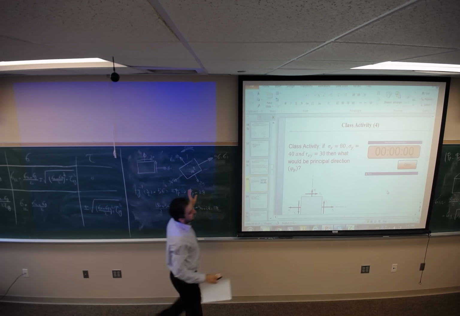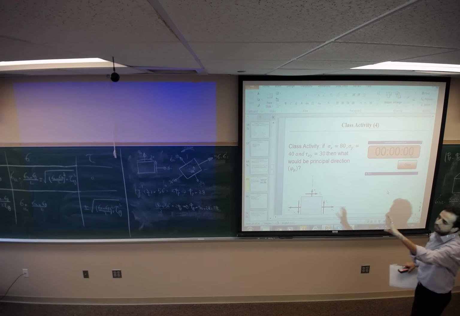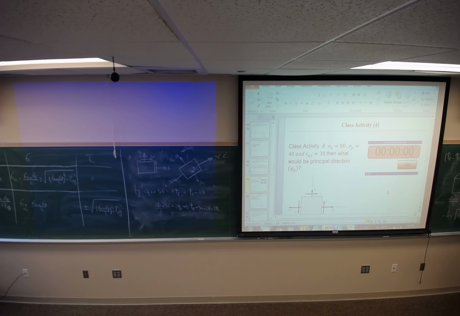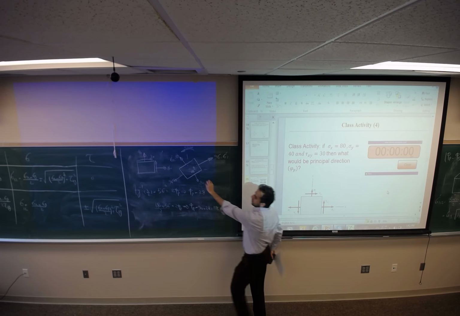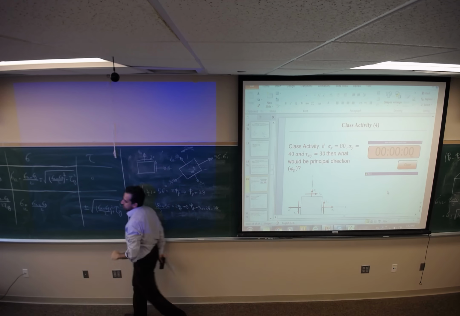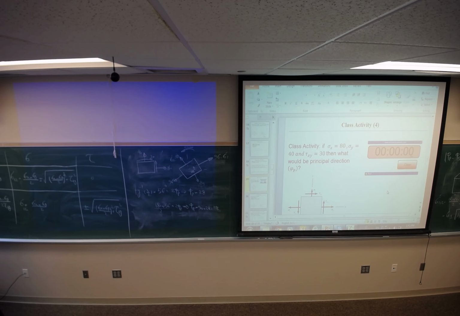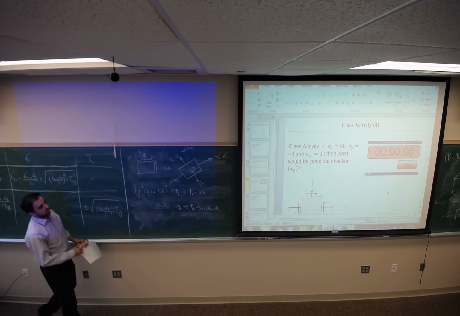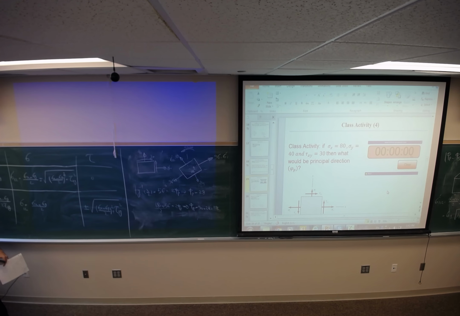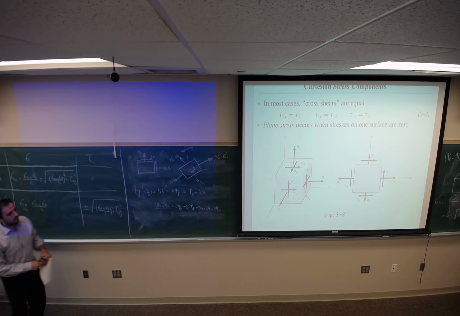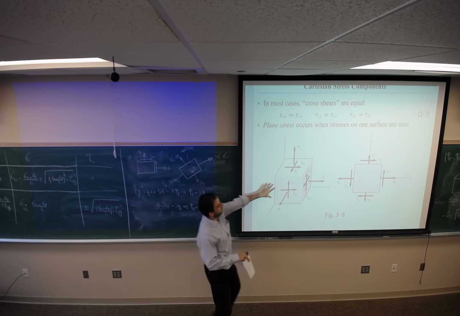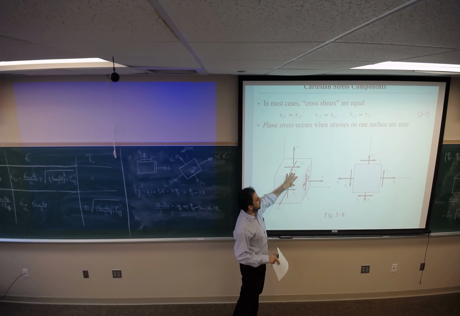We didn't change the loading, we just changed the plane. How did I change the plane? I just picked another plane which has the angle of 28 degrees from the original state of stress element. Just think of this as the original state of stress element rotated by 28 degrees.